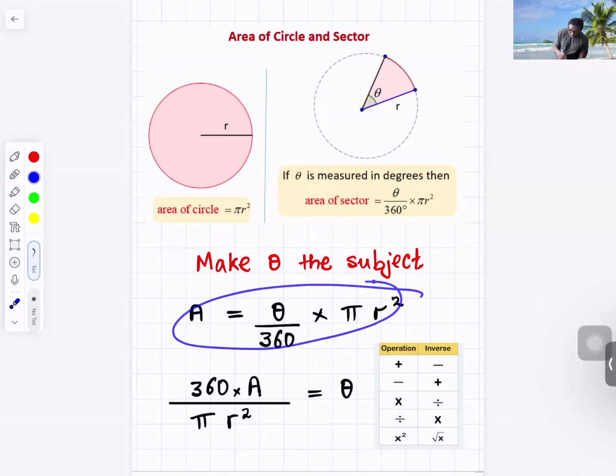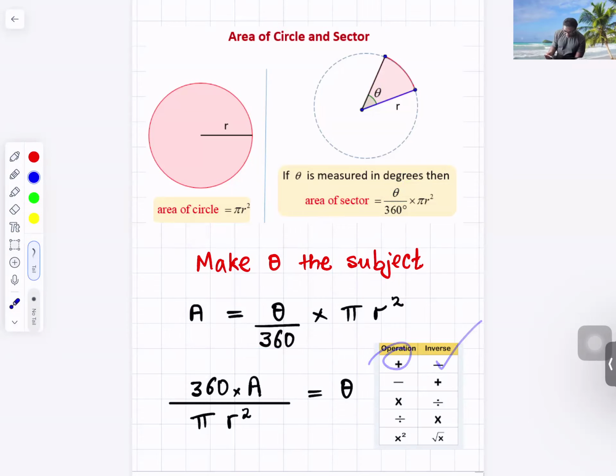So we write down the formula. We use inverse operations. The opposite of plus is minus, and the inverse of times is divide. So we have divide by 360. If we take it to the right, it becomes times 360. It's times pi radius squared.